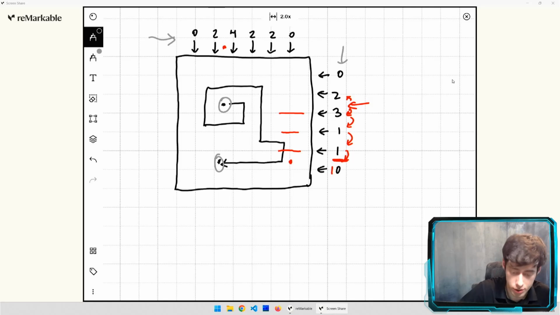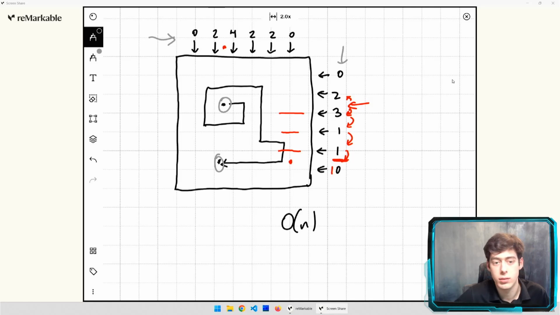The solution that I described here is linear time, where n is the dimension of this vector. The grid is n squared in size, but the solution is linear, and linear in space as well, at least the way you would imagine implementing this.